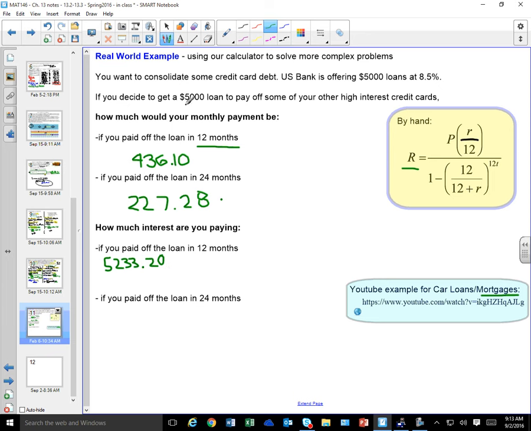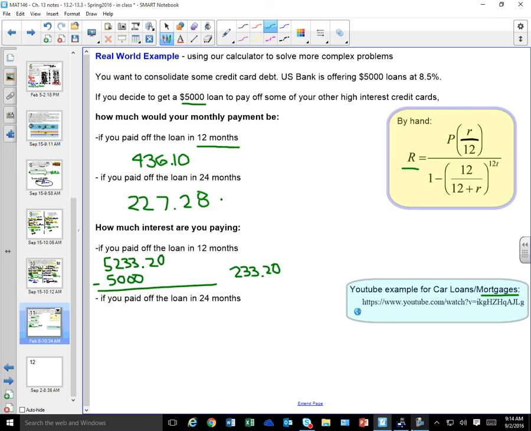But I borrowed 5,000. That was how much I actually wanted, the $5,000. So if I subtract 5,000 from this, then that says that I had $233.20 of interest. So that would be the amount of interest that I paid.